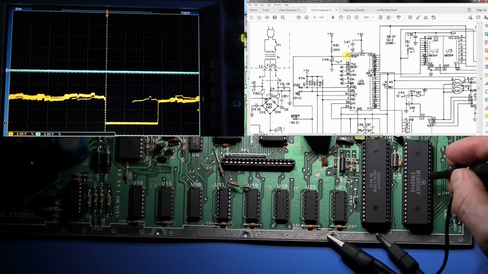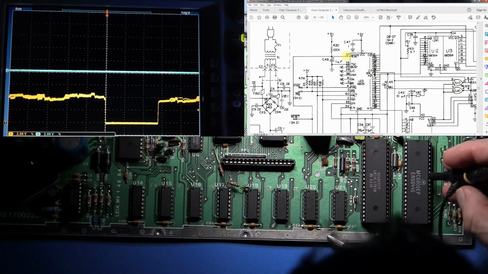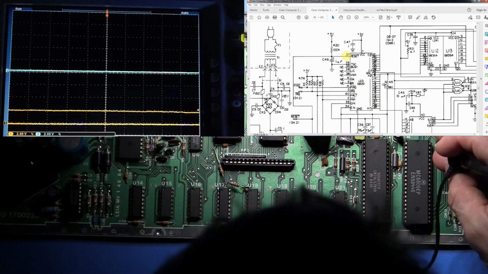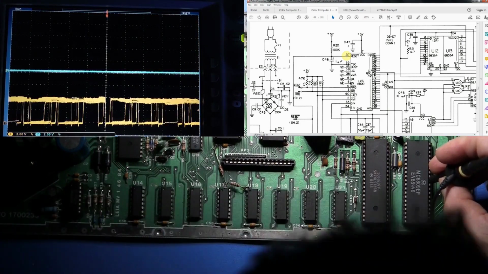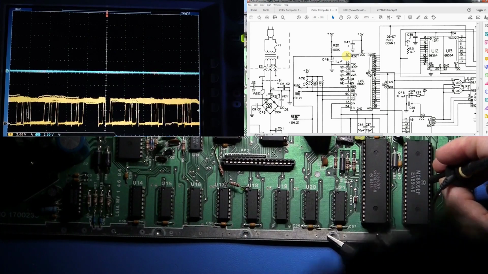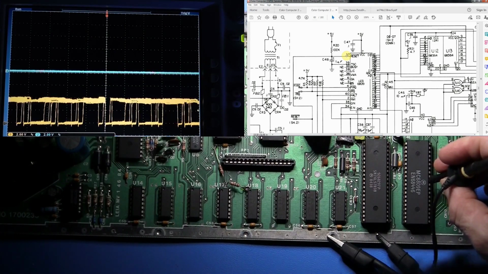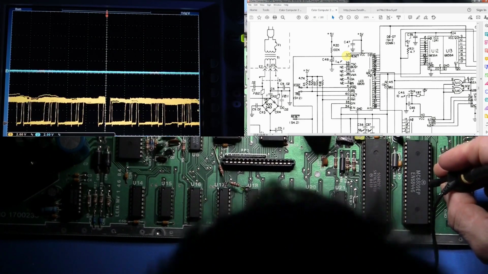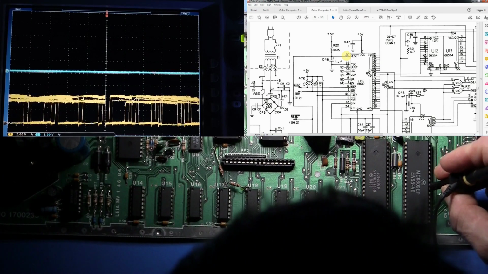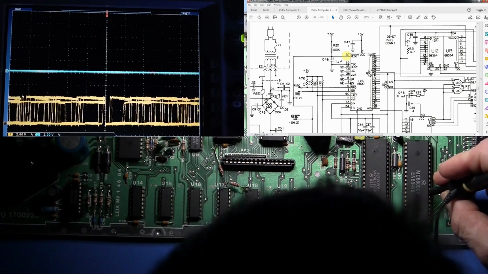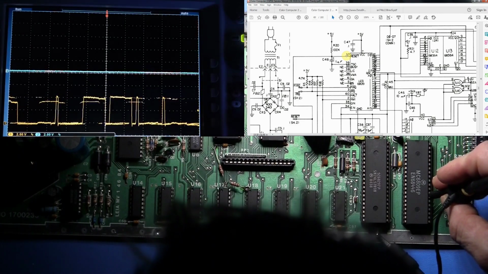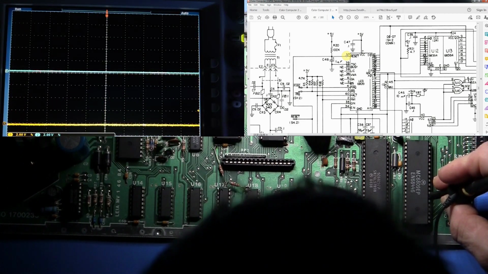Okay, let's walk the data bus, starting with D0 on pin 31. D0. Okay, looking good. Now we're going to walk down to pin 30, 29, 28, 27. Ooh, what's up with pin 27?